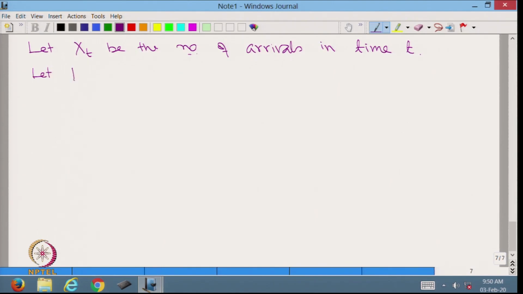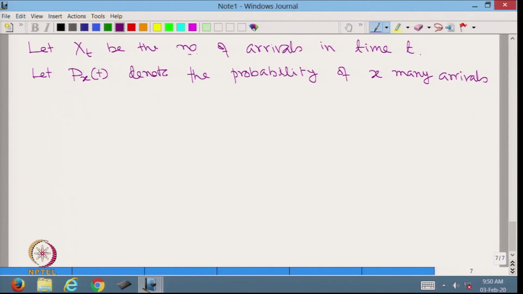Let P_x(t) denote the probability of x many arrivals in time t.